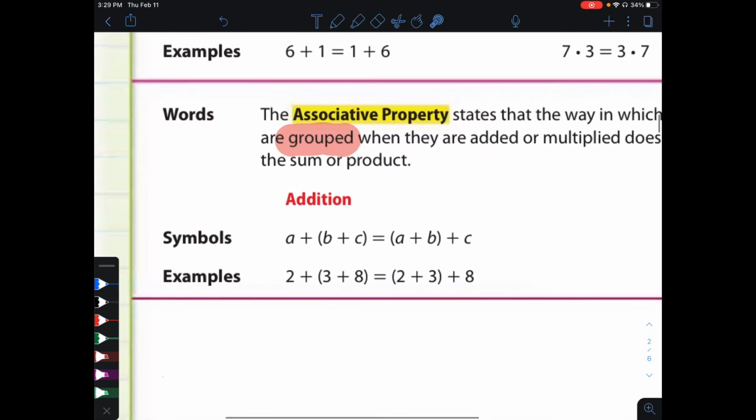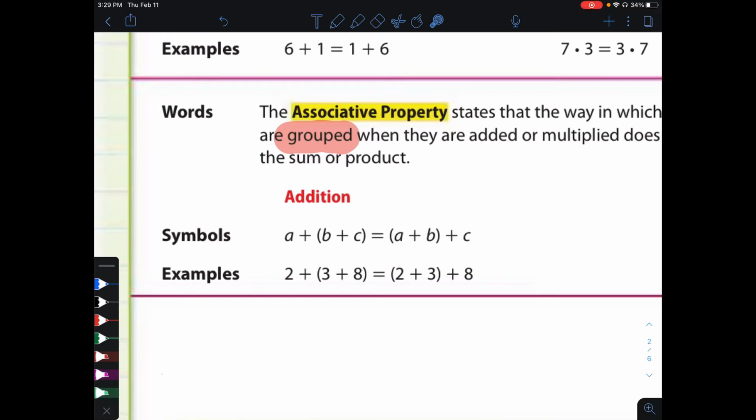Now, as an example, look at 2 plus the quantity 3 plus 8 is the same as the quantity 2 plus 3, plus 8. Again, the order did not change: 2, 3, and 8, 2, 3, and 8. What changed was the parentheses. Here, 3 plus 8 was grouped, and on the other side of the equation, 2 plus 3 was grouped.